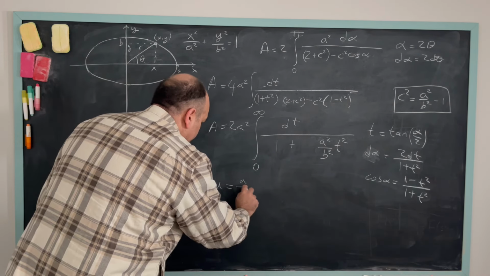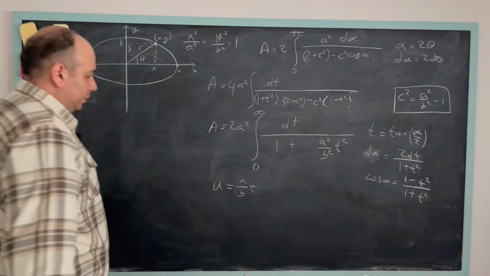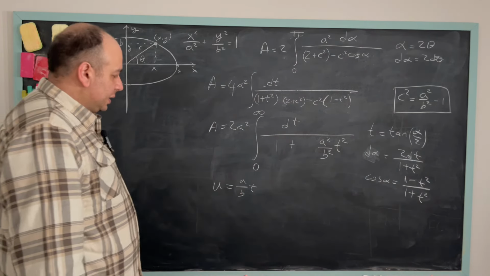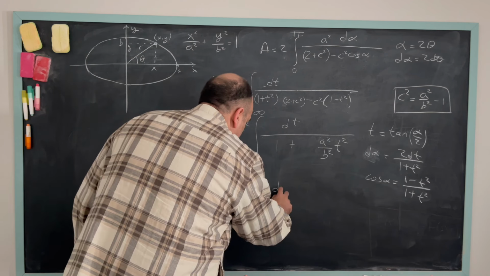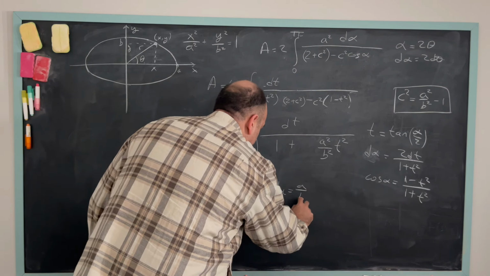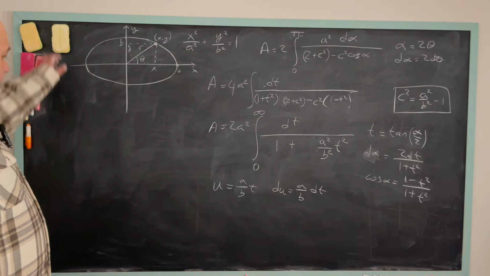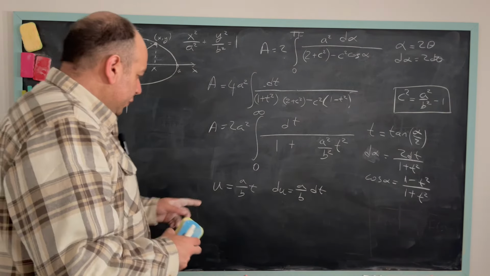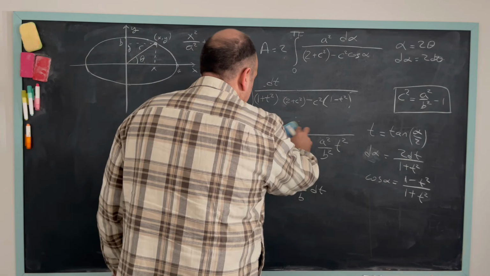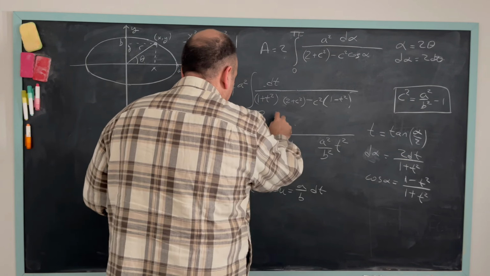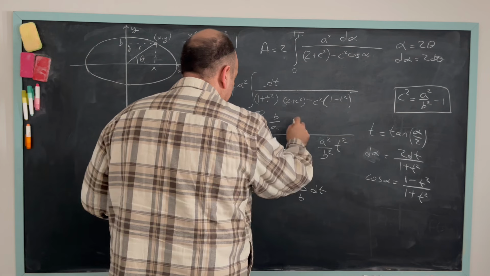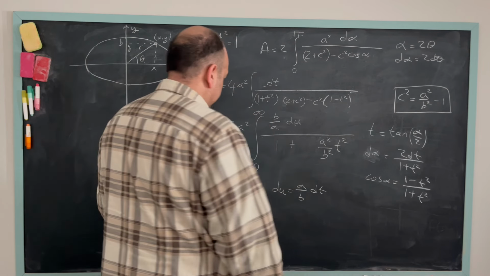So u is equal to a over b times t. So what is du? A over b dt. Okay, very good. So instead of dt, I can write b over a du.